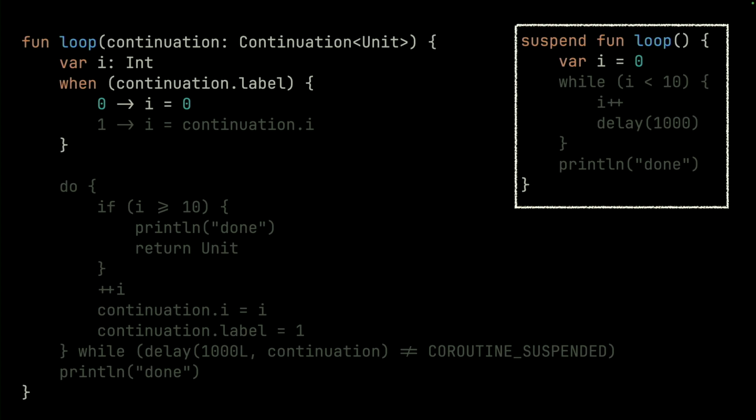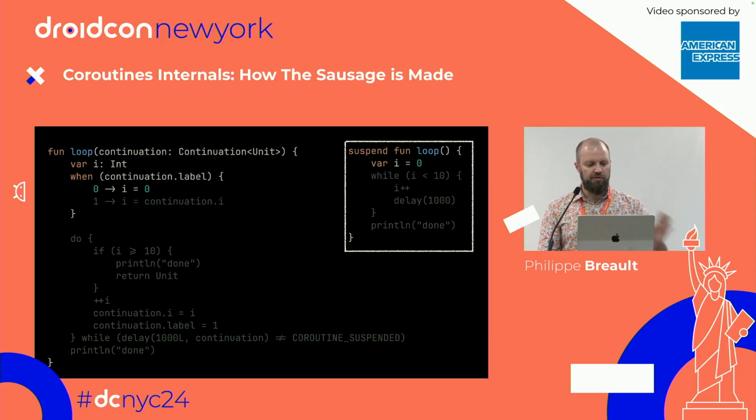We are starting this loop at var I is equal to 0. In our decompiled code, we have our var I, and we have a shorter when statement. There's nothing that says that everything needs to happen in the when statement. Stuff can happen after, as long as it stays correct. So in our first state, the only thing that we are doing is assigning the variable. And we won't even suspend at this point, right?